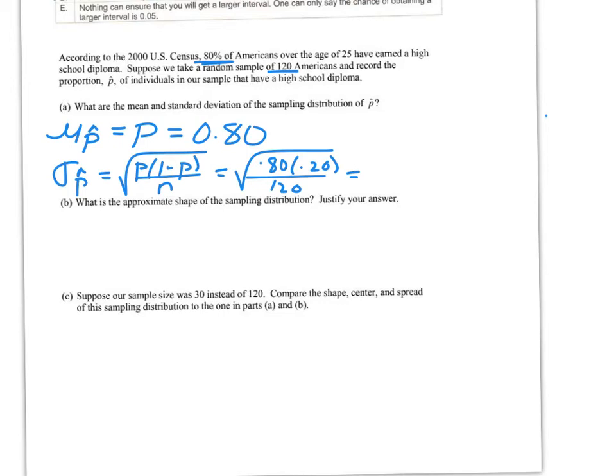So let's see, 0.8 times 0.2 over 120, square rooted, gives me 0.0365. Now in order to use this, I need to check the 10% condition.